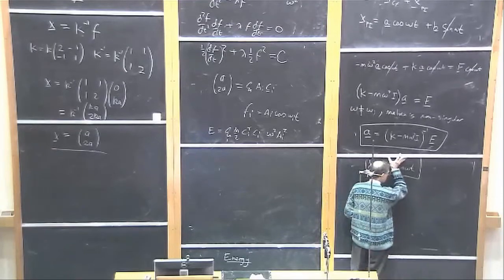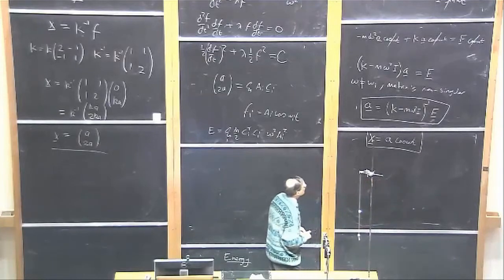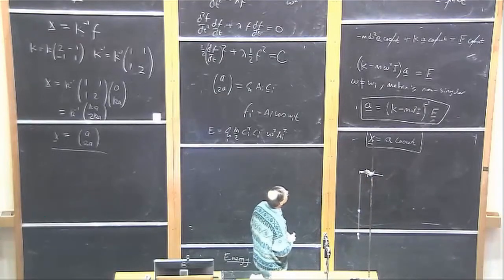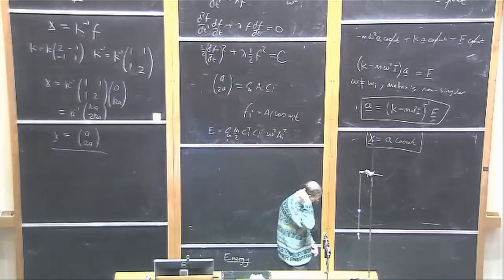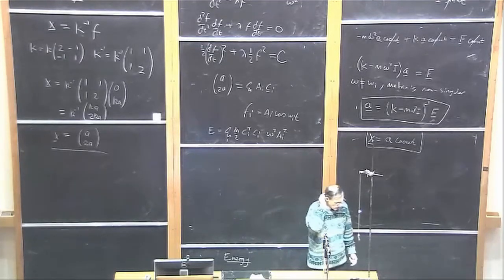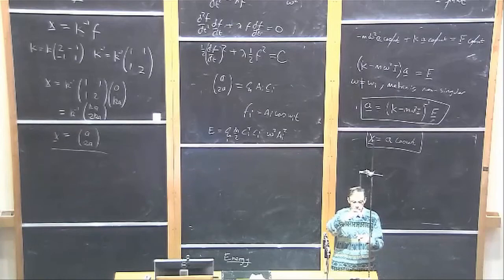What if omega is omega_i? What happens if you drive at the resonant frequency?